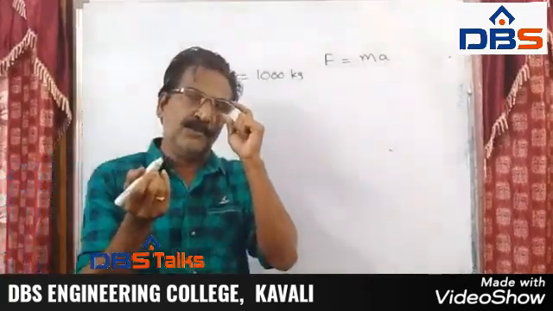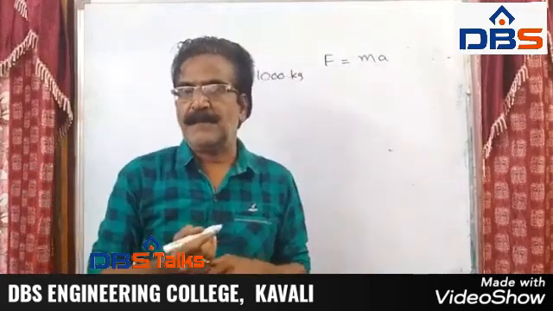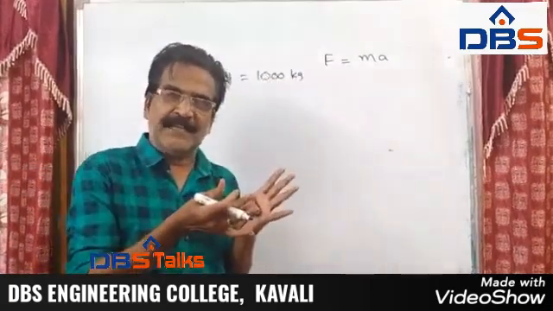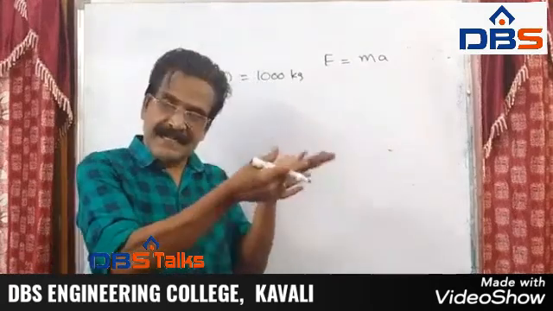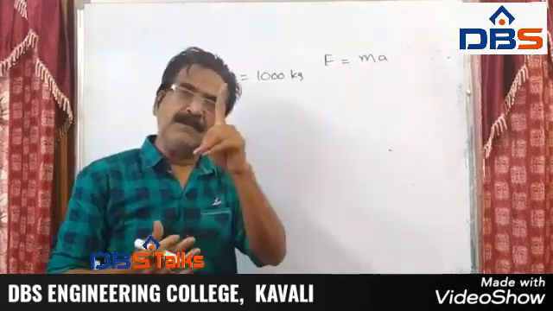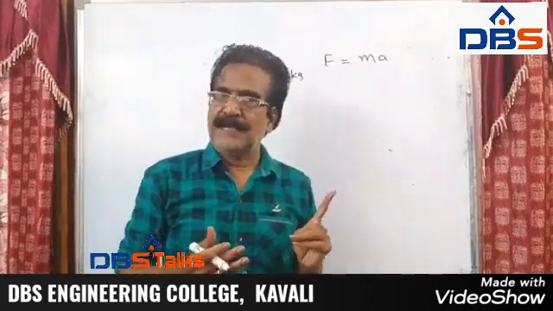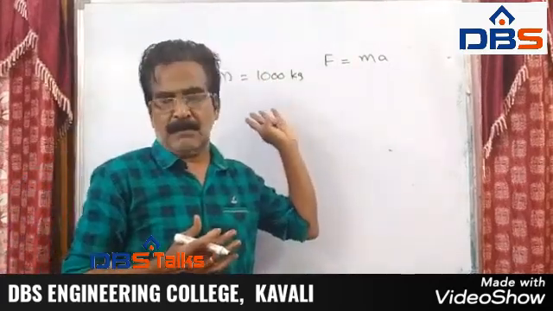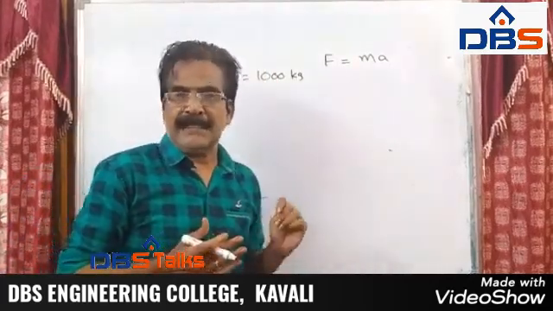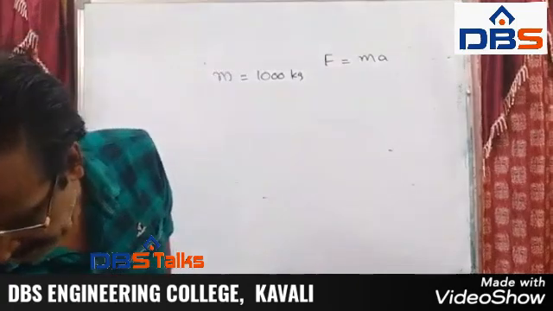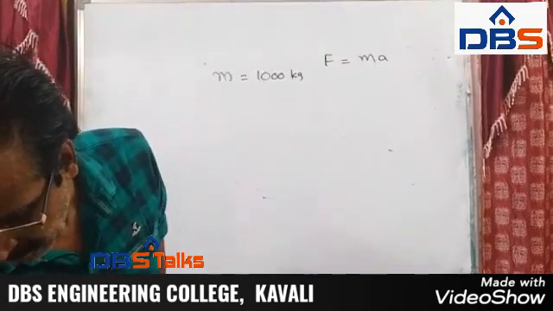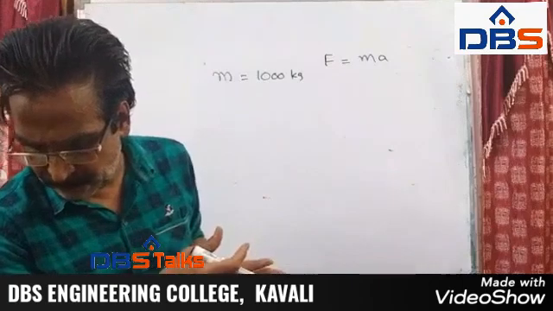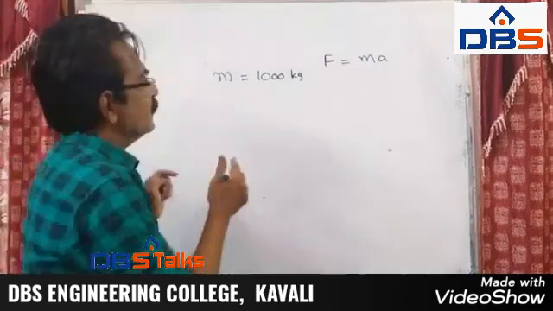So for force we know the formula is ma. So we have to take the data m and a from the given problem to find F. Right friends? So mass is directly given, 1000 kgs, and the car has to accelerate at 4 meters per second square.